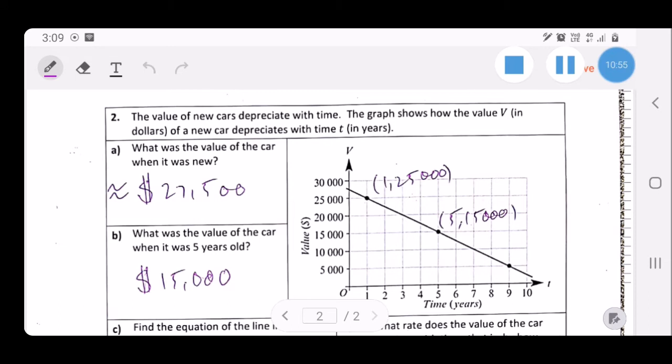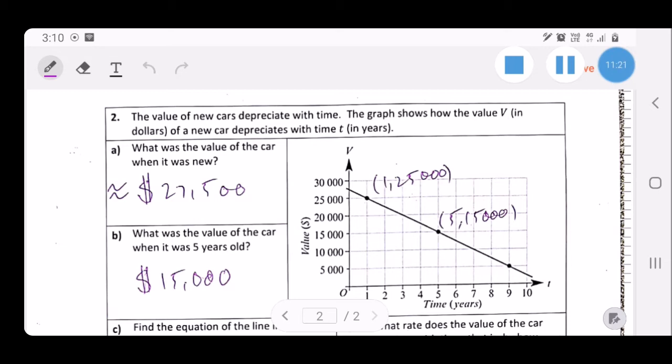All right, question 2. The value of new cars depreciate with time, which is very true. Depreciate means decreases over time, okay? This is why cars traditionally are such a bad investment, okay? Because a few years after you've bought the car, its value has decreased significantly, okay?